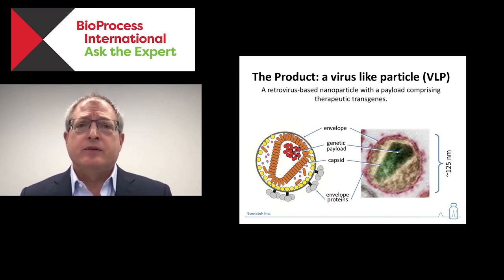And I think there's two points here. One is that the particle is large. It's over 1/10 of a micron, which means it's just right on the edge of being able to sterile filter. Also, it's decorated with proteins, largely glycoproteins.